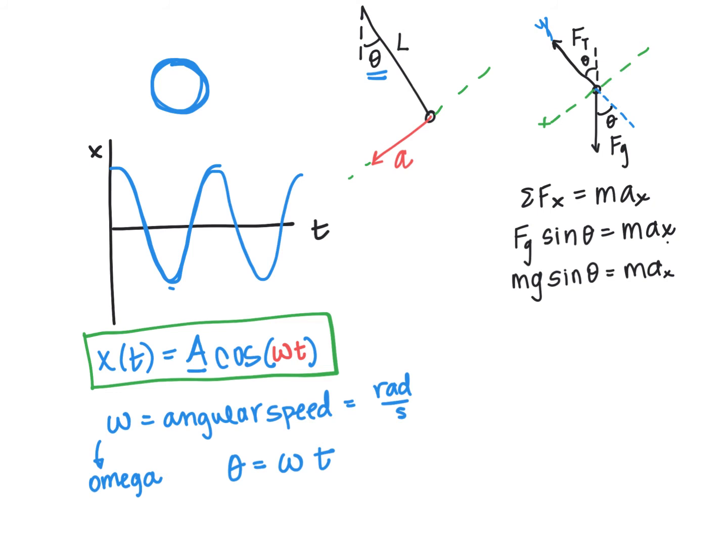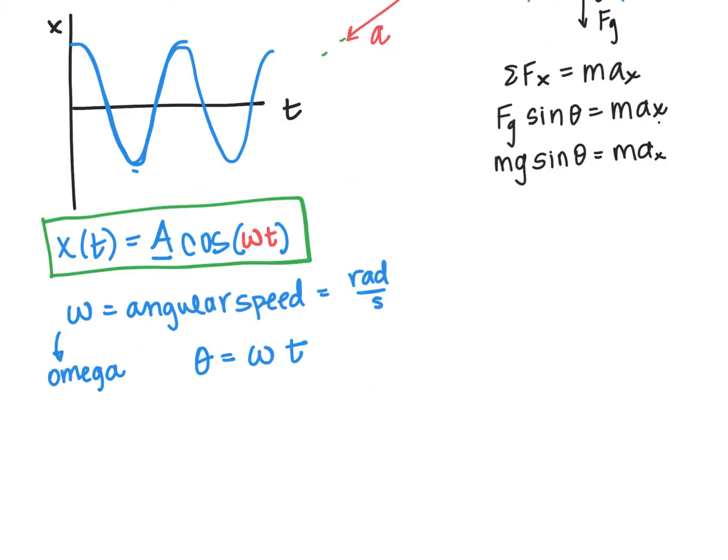We can then evaluate the velocity of our particle in this simple harmonic motion by taking the derivative of our position function.